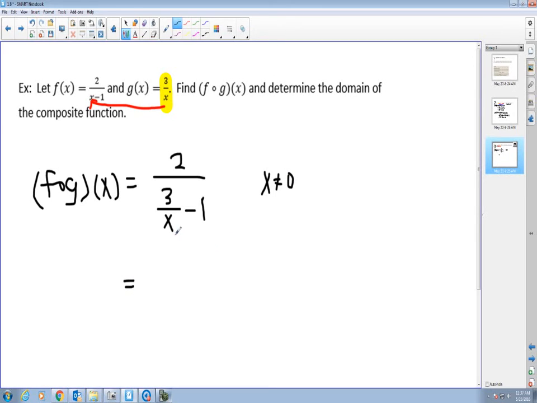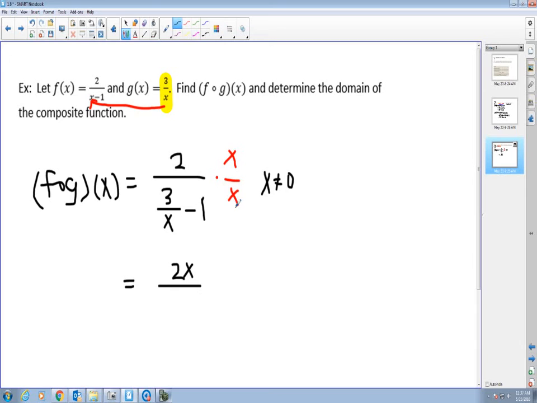My denominator here is x. My 2 is like a 2 over 1. So the LCD between the top fraction and the bottom fraction is really just x. So I'm going to multiply the top and the bottom by x. So what that will do is the x will times the 2, so your numerator will be 2x.